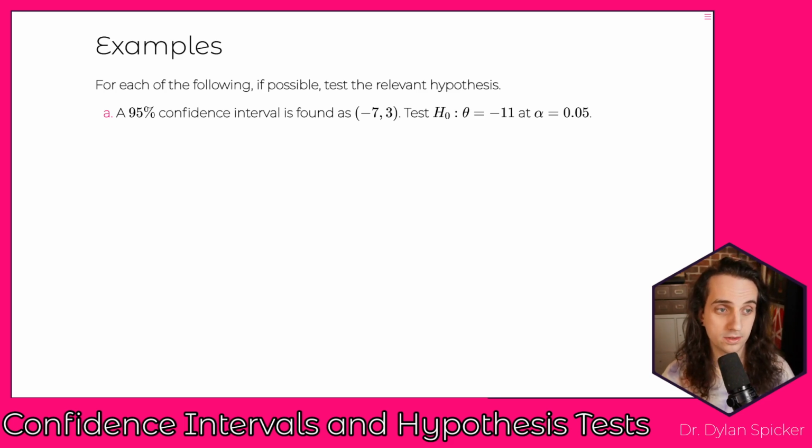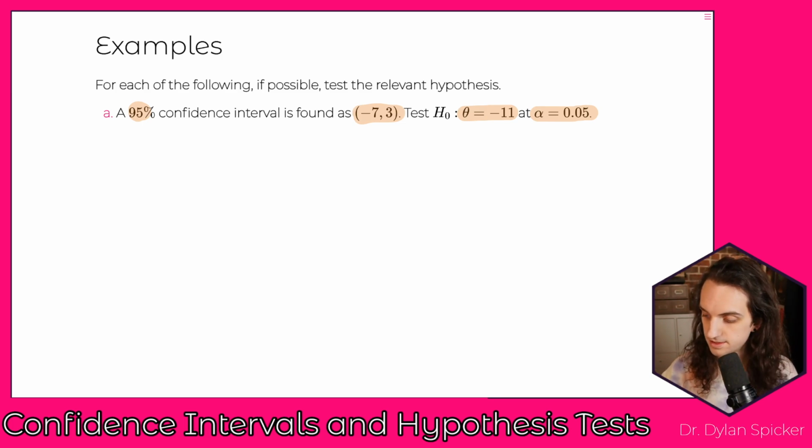Right, we are told that we have a 95% confidence interval, okay? And the 95% confidence interval is found to be -7 up to 3. Right? So it's 95%, -7 up to 3. We want to test, is theta equal to -11 at alpha equals 0.05. Right?